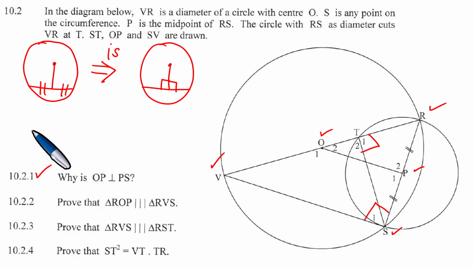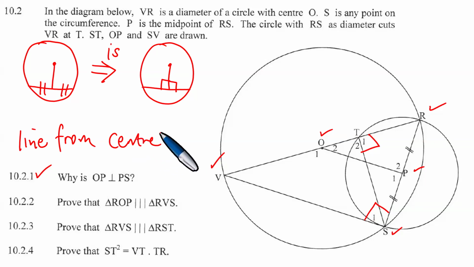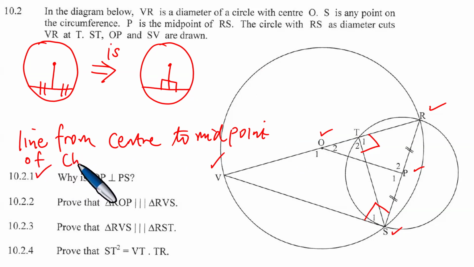For the reason to be written, you need to say line from center to midpoint of chord. So that a line from center to midpoint of chord is indeed perpendicular to the chord.